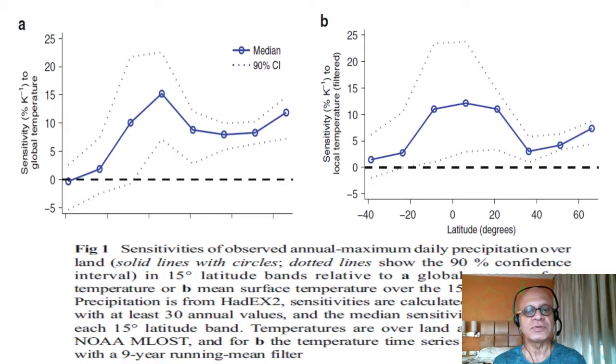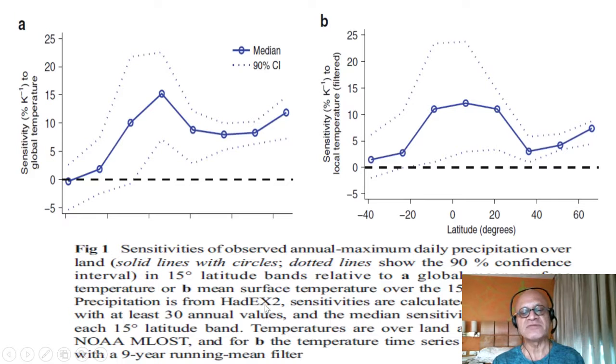So looking at the observations, here are sensitivities of observed annual maximum daily precipitation over land. These are solid lines with circles, and the dotted lines show the 90% confidence interval, which is computed with some method. And here it is done in 15-degree latitude bands relative to a global mean surface temperature, or here mean surface temperature over the 15-degree latitude band.